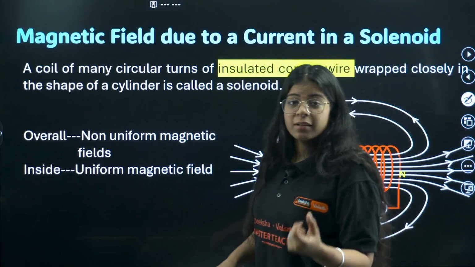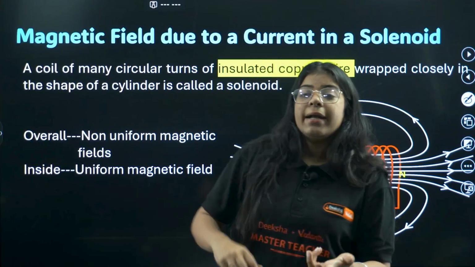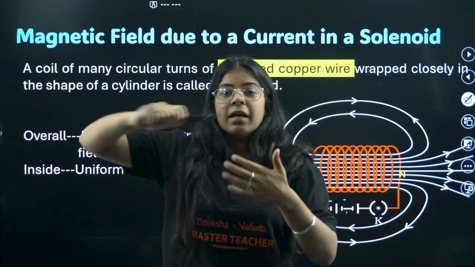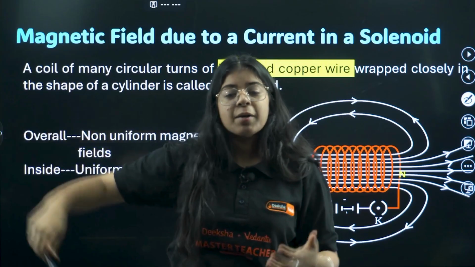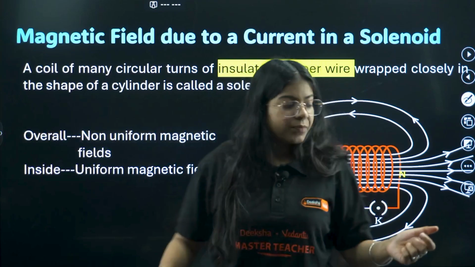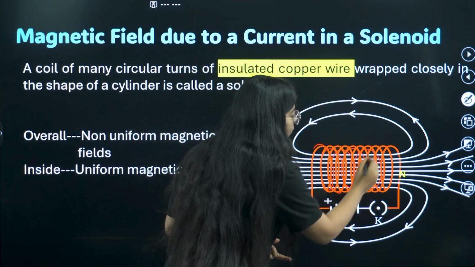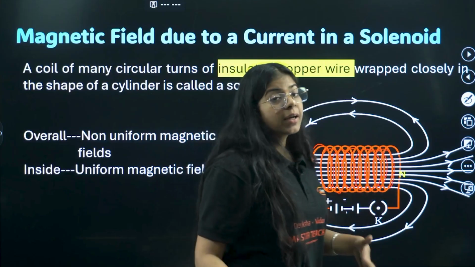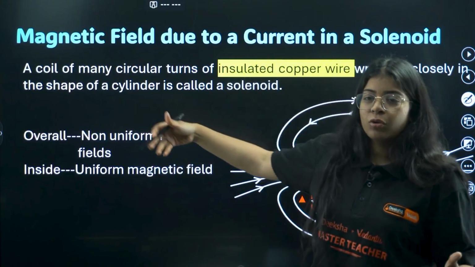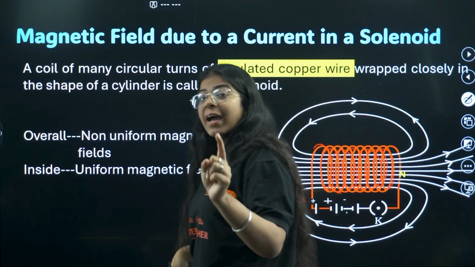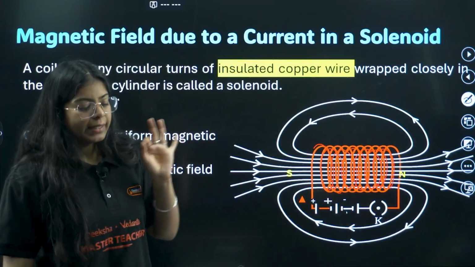So you took a wire, you took a coil and you turned it into many circular loops, like this. See, this is my wire and I wrapped it circularly into many circular loops. Which wire are we using? Insulated copper wire.